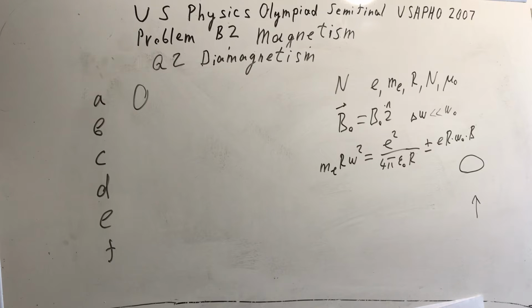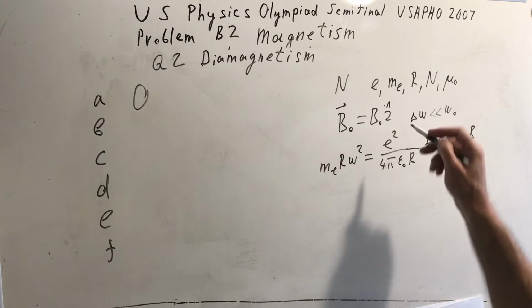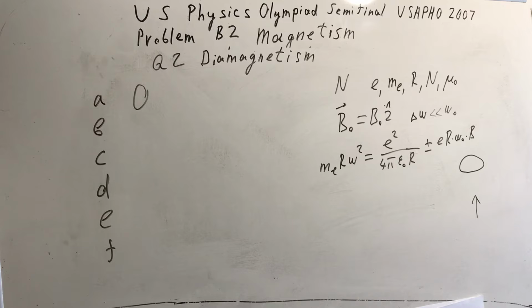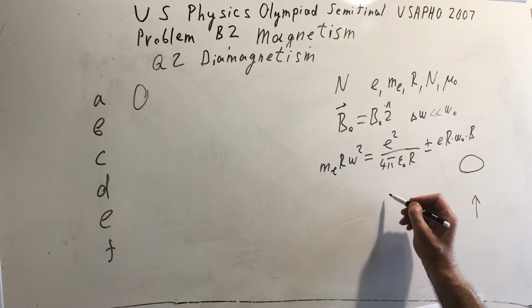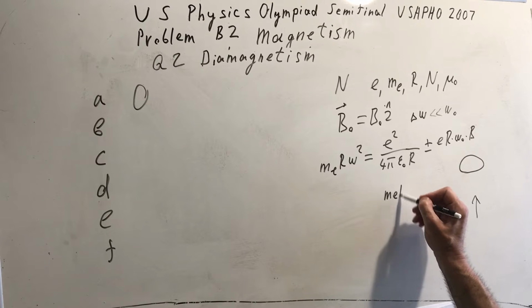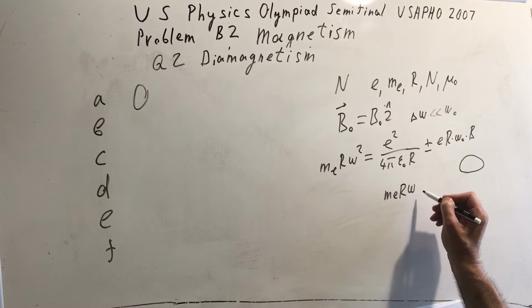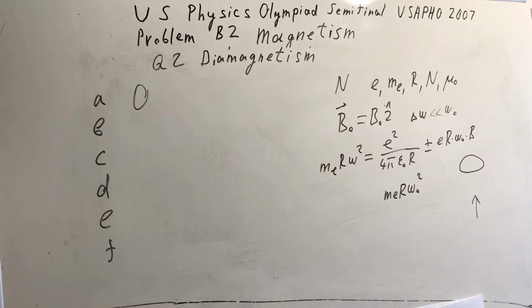Okay, so now let's do some math. This was the initial expression for the initial omega 0, so we can replace it by m_e R omega 0 squared, and we can move this to the left.